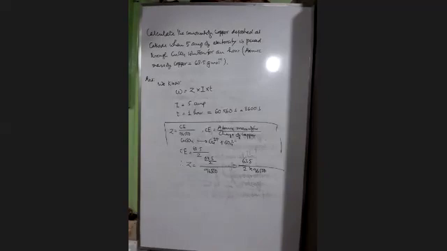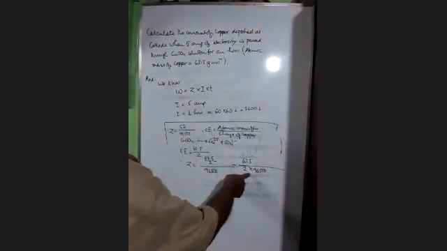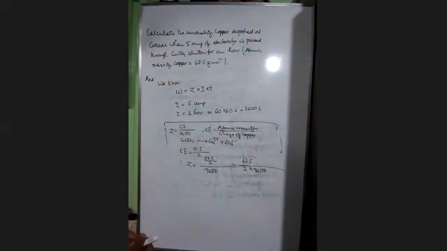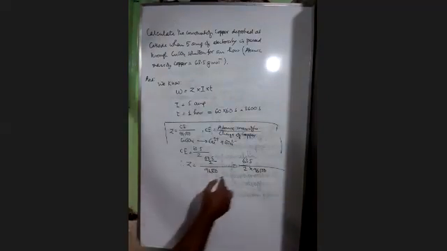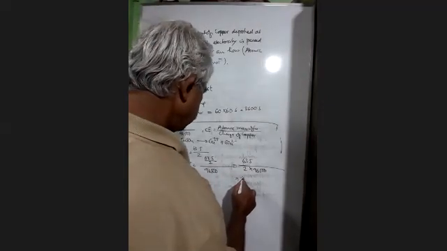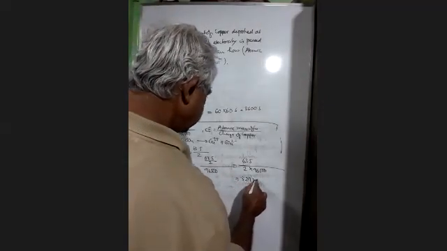How much does it come? 3.29 into 10 to the power minus 4.